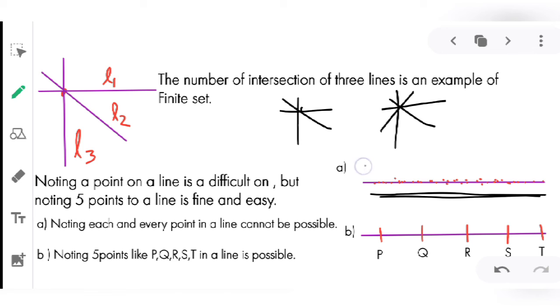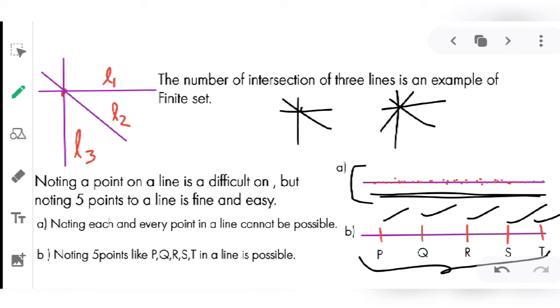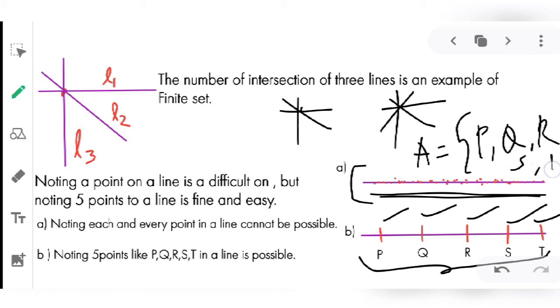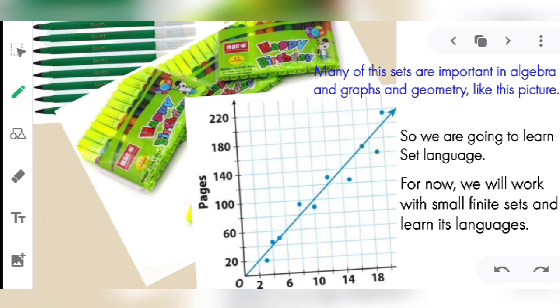So this is infinite. But when we denote points like P, Q, R, S, T, which are 5 points in a line segment, this can be determined and counted. So this is also a finite one. And you can say that A is a line segment that has a set of 5 points, which are P, Q, R, S and T. So likewise we are representing finite and infinite sets.